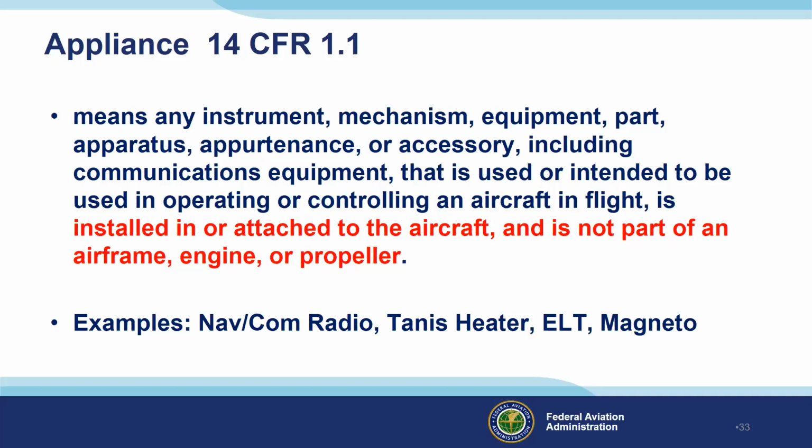Some examples would be a Navcom radio, a Janitrol heater, an ELT, or a magneto. They're attached to the engine, but they're not part of the engine. If you want to find examples of what an appliance is, just do a search for AD appliances, and you'll see what they consider to be appliances.